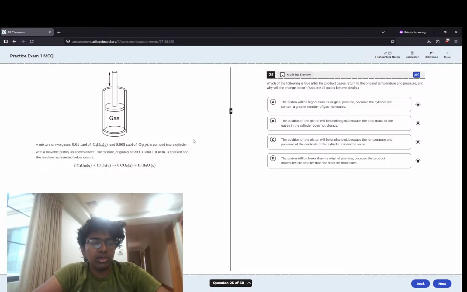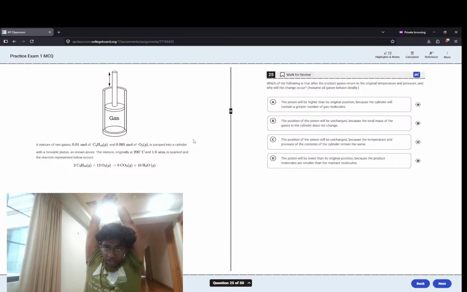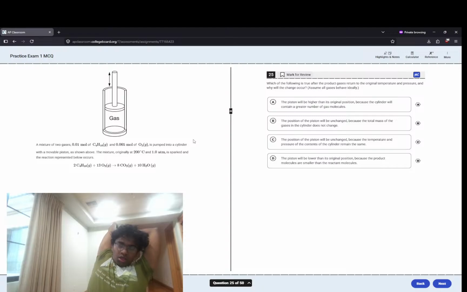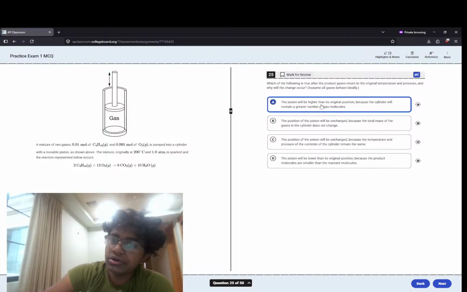So obviously, when addressing this problem, there's a piston, press and spark, and the reaction occurs. So obviously the piston will be higher.